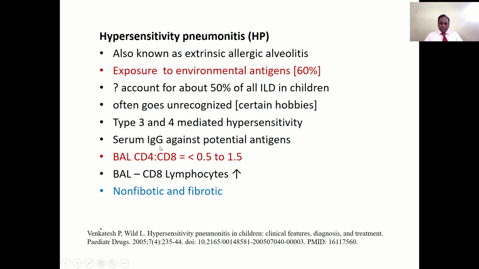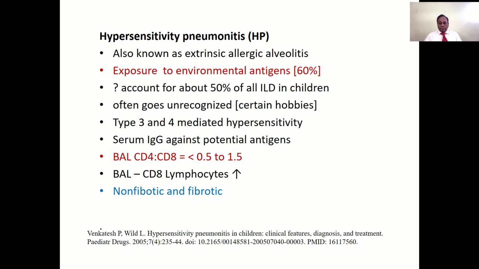I already said that by looking at the lymphocytes you can make a diagnosis. In hypersensitivity pneumonitis, the CD4 count increases, thereby causing the ratio to come down. The normal CD4 to CD8 ratio is 1 to 1.4, something like that, and here this ratio is reduced.